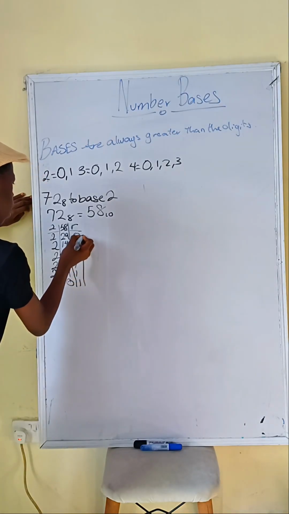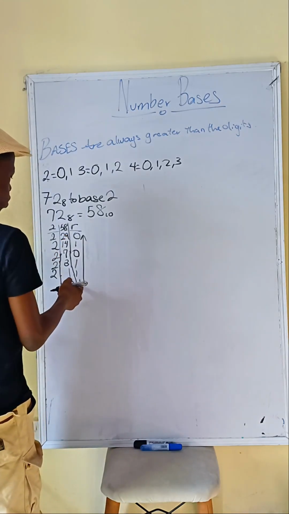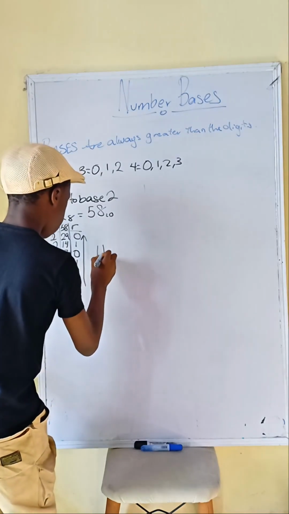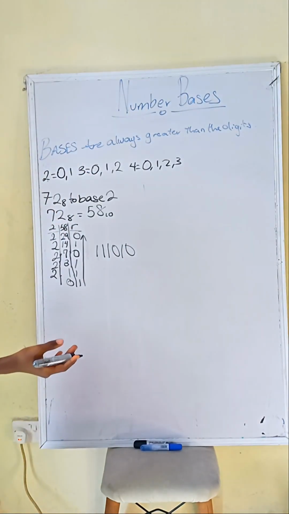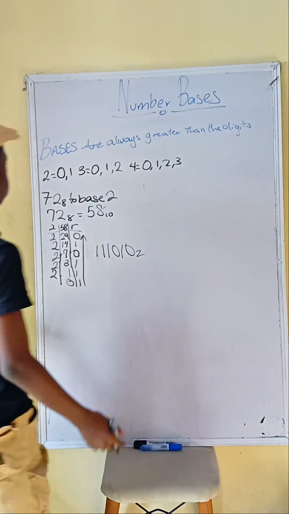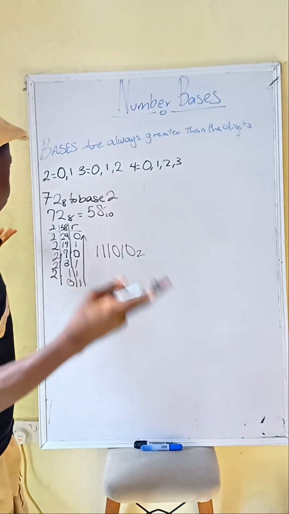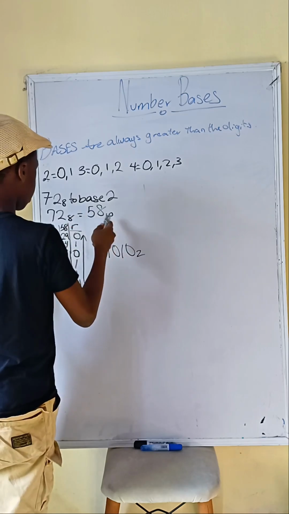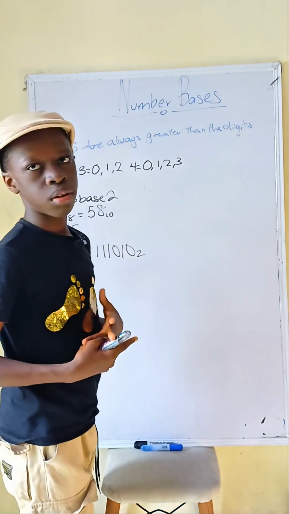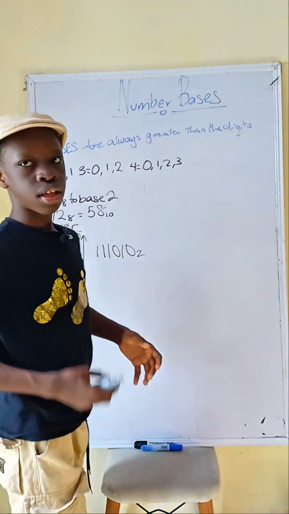We count from the bottom up, and instead of starting from this 0, we start from 1. 1, 1, 1, 0, 1, 0. So that is how I converted 72 base 8 to base 2 by first changing the base 8 to base 10 so that I can be eligible to use the tabular method.